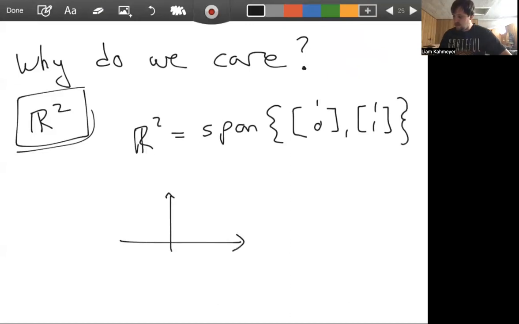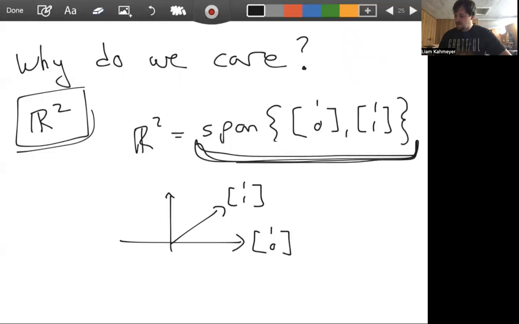Well, then your unit vectors are (1, 0) and (1, 1). And so your notions of distance and how you measure angles in R2 with this spanning set get pretty complicated, because these aren't perpendicular.